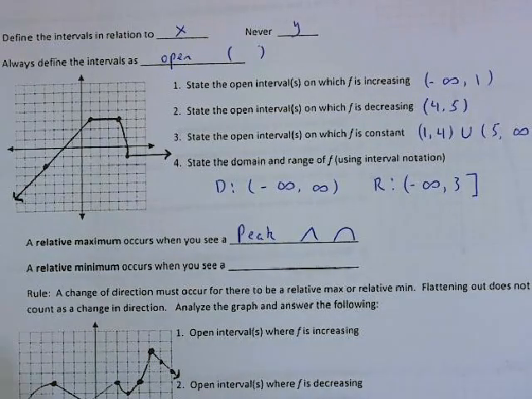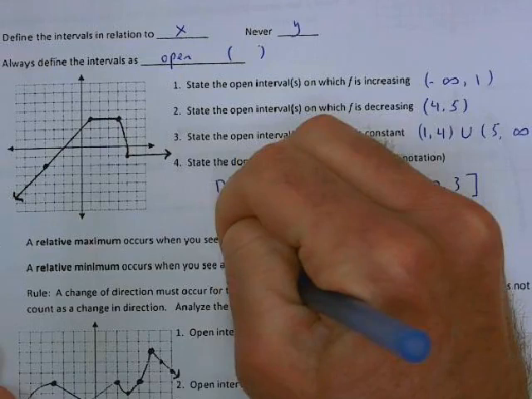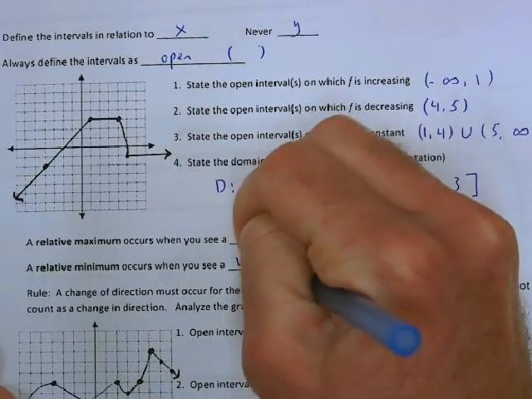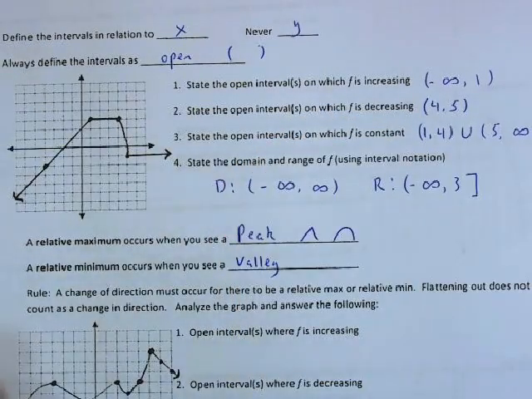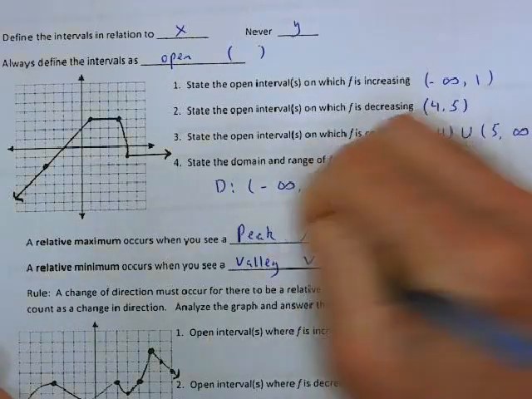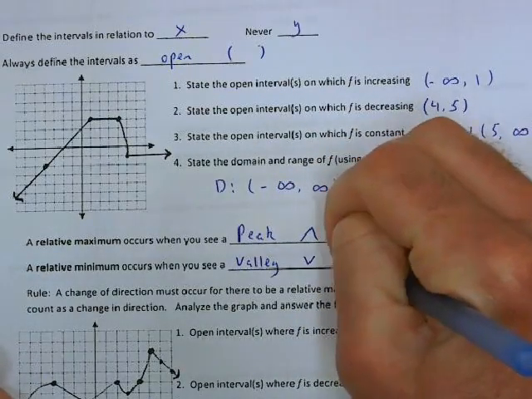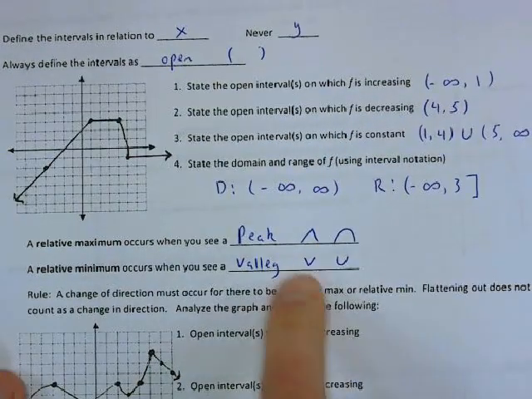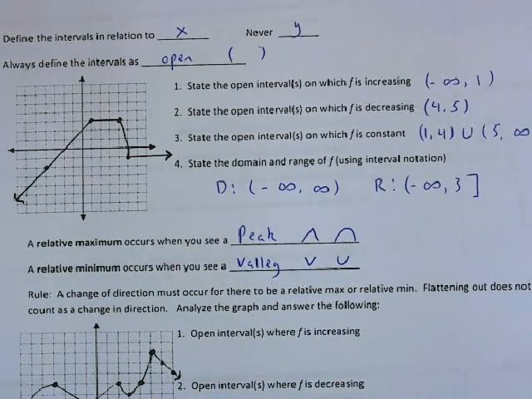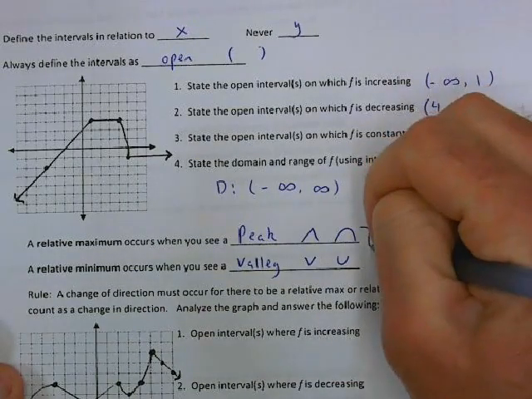Okay. A relative minimum occurs when you see, and another word to describe that might be a valley. Okay, so a valley would be like an absolute value function opening up or a parabola opening up. So when we see that change in direction there, that's when we're going to get a relative maximum or relative minimum. Okay, so then in general for these, when does this happen?